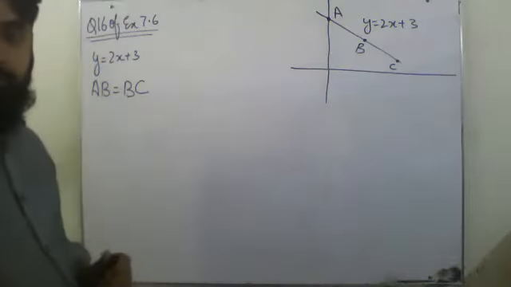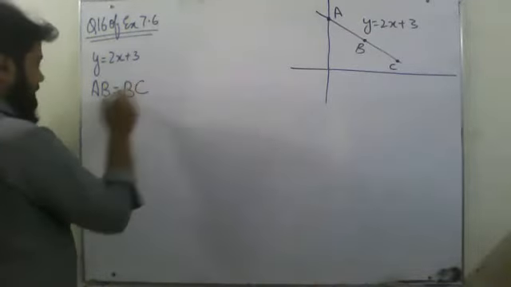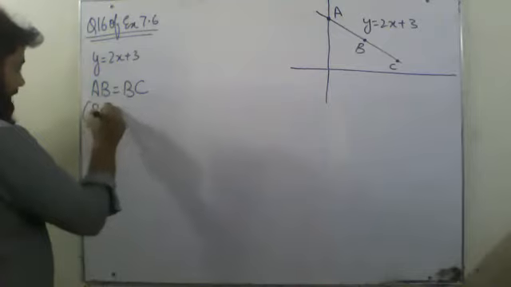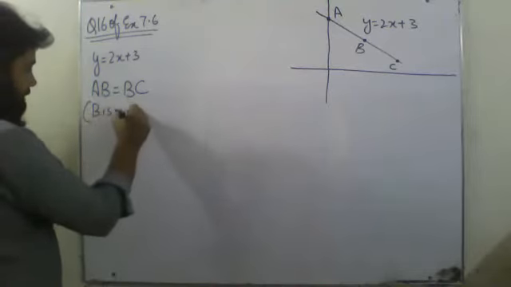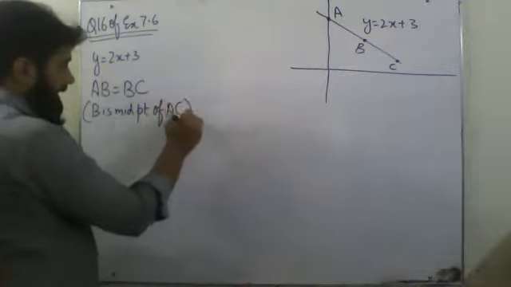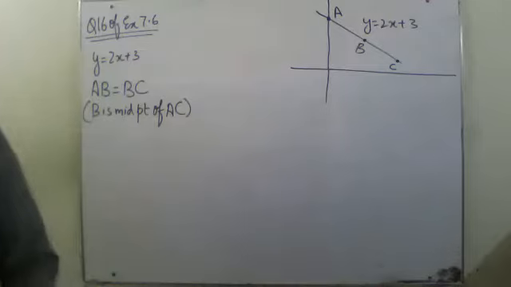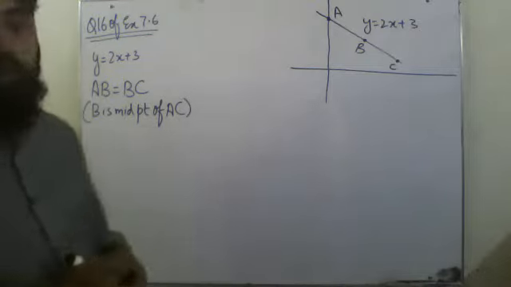So we can say that B is the midpoint of AC, because this distance and this distance are the same. Now the third thing is that the line through B is perpendicular to AC.